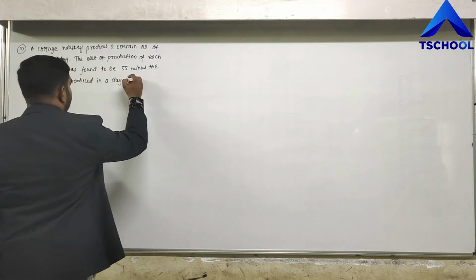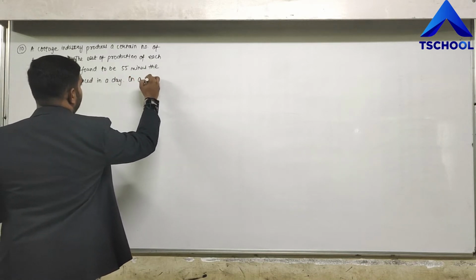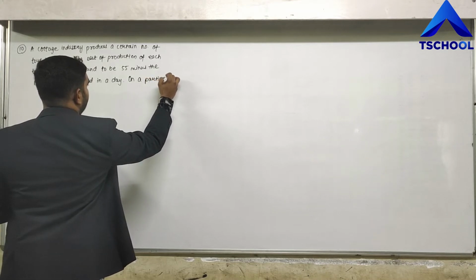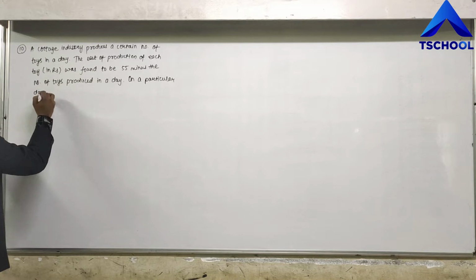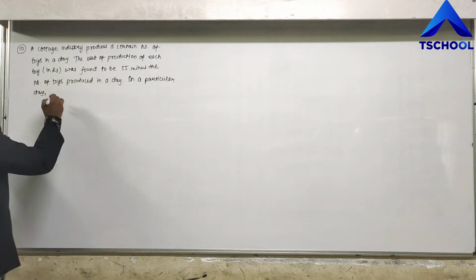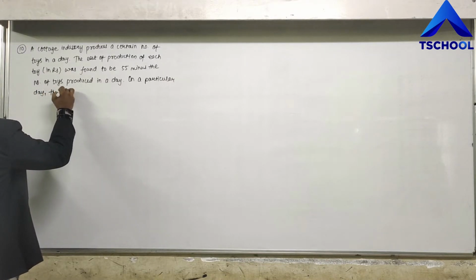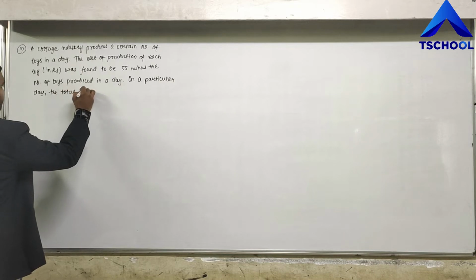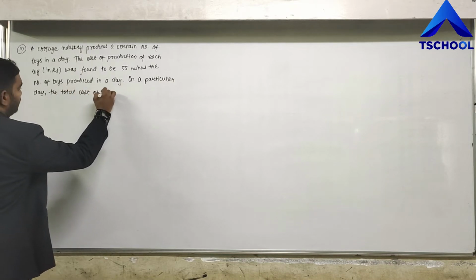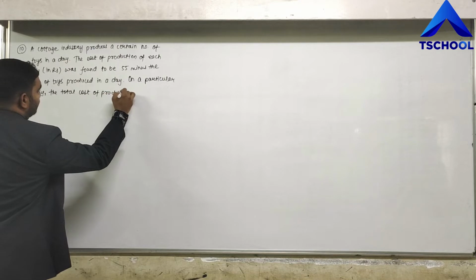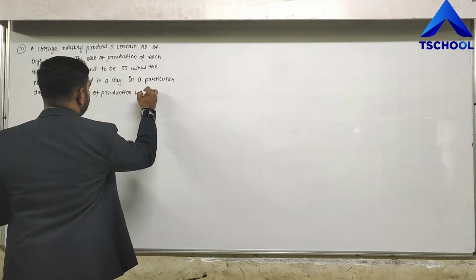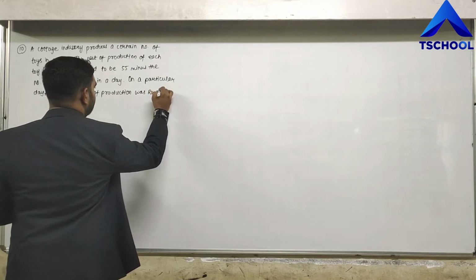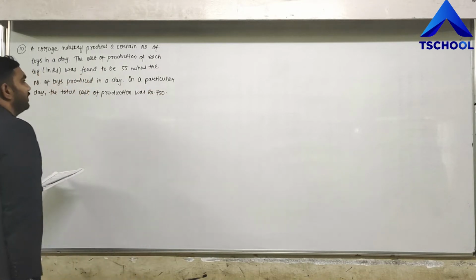On a particular day, the total cost of production was rupees 750.